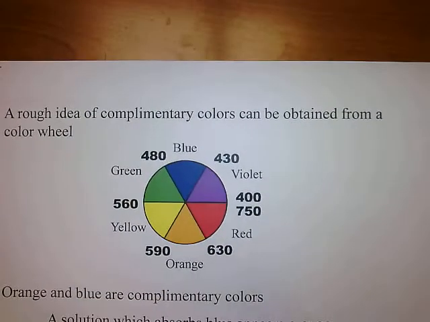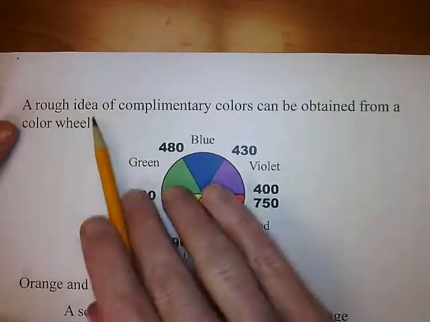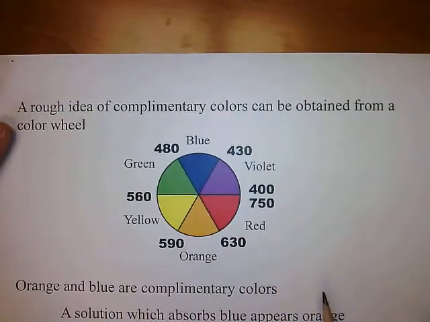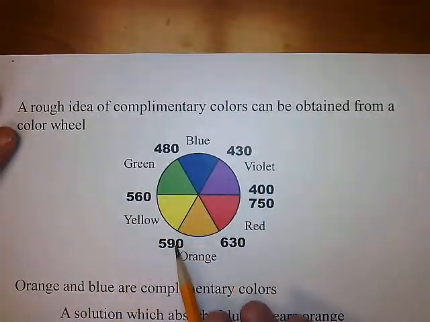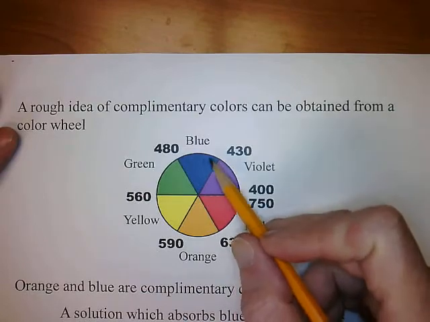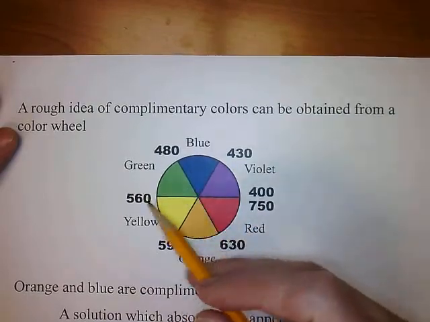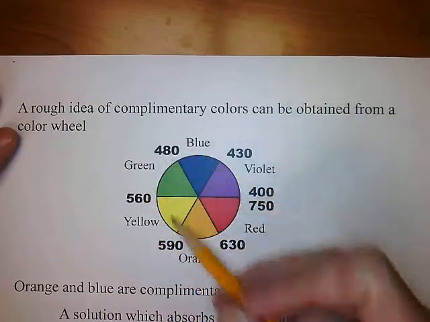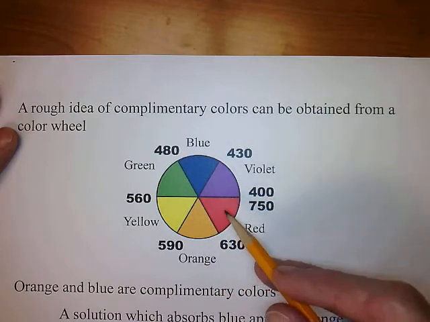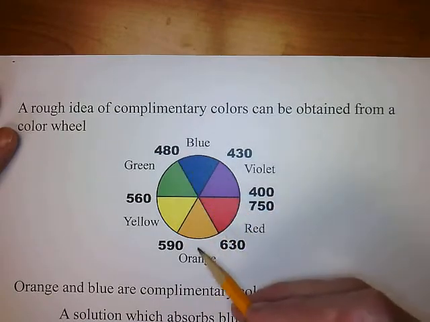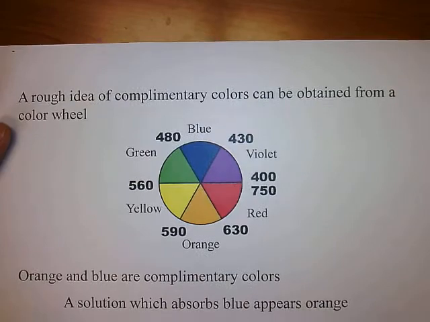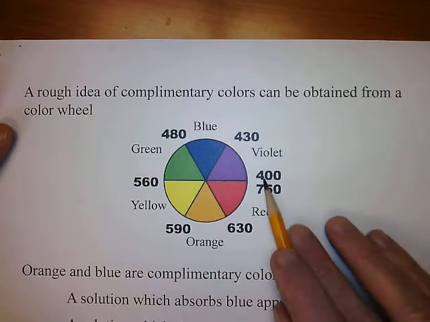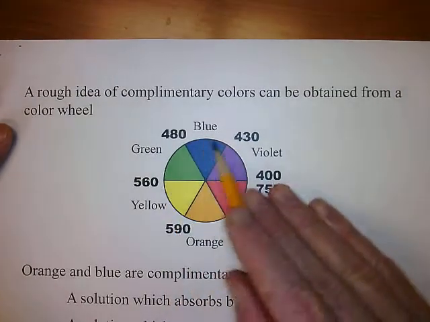So we can get a rough idea of complementary colors by arranging them in a color wheel, going around the spectrum, arranging them in a circle: red, orange, yellow, green, blue, violet, from 750 down to 400.